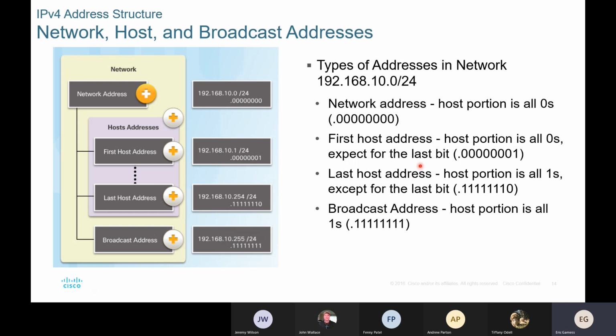So the first valid IP address, we get by filling the host portion with zeros, except the last bit that has to be 1. And for the last valid IP address, we fill the host portion with 1, except the last bit that has to be 0.